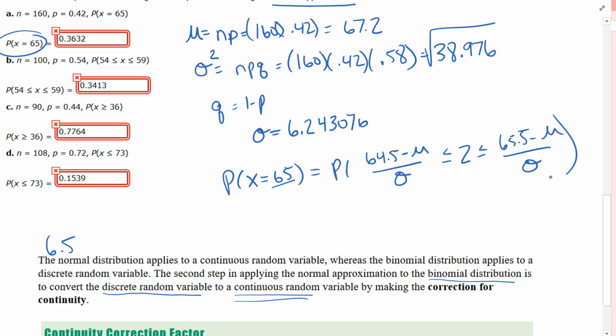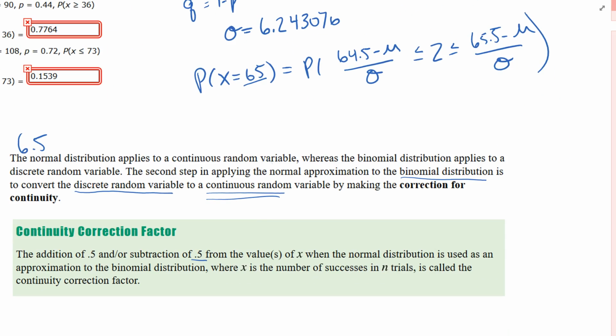If I do these calculations, minus 67.2 and divide by the standard deviation, I get the probability that minus 0.43 is less than or equal to z, less than or equal to minus 0.27.